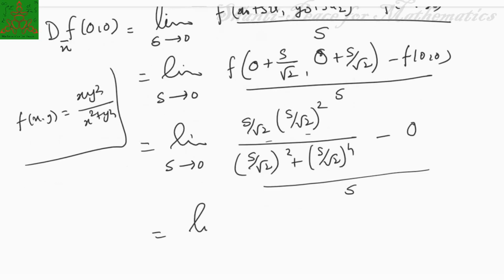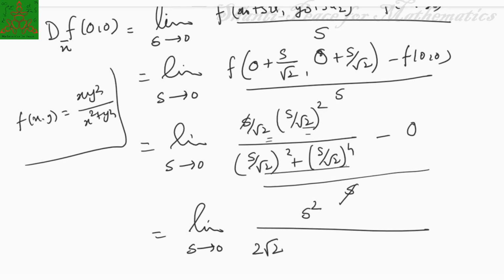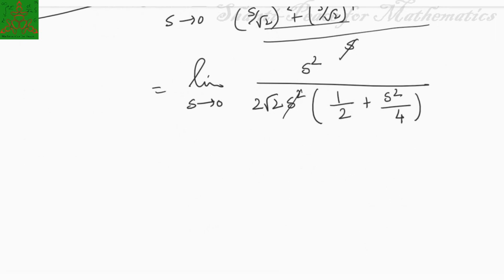So this can be simplified as limit s tends to 0. You just notice that this s is cancelled with this s, and in the numerator you will have s square upon 2 into root 2, and from the two terms in the denominator you can common out s square. Inside the bracket you will have 1 upon 2 plus s square upon root 2 power 4, that will give me 4, and this s square will get cancelled out.